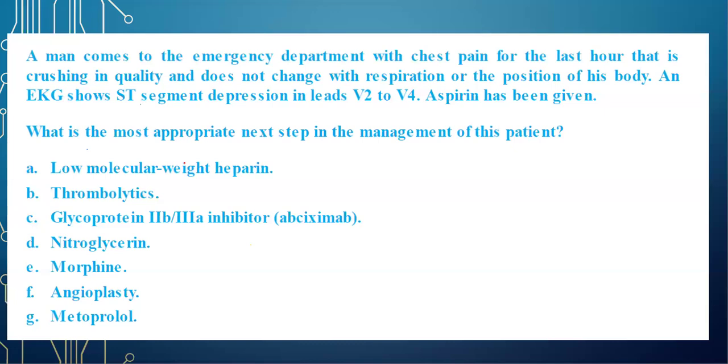Obviously morphine and nitroglycerin are mainly for pain. Oxygen, if the patient's oxygen saturation is low, then we can give it. So those do not lower mortality. But sending the patient for angioplasty and restoring the blood flow does lower the mortality. Okay, so that's why we're going to choose that.